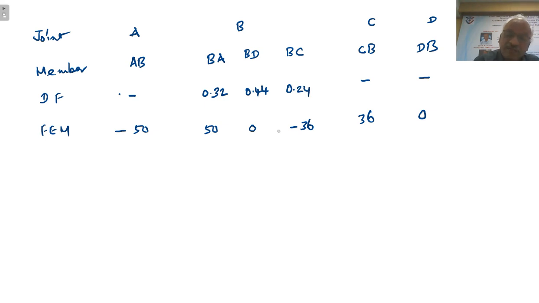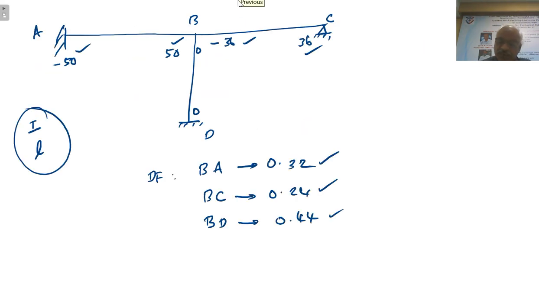So these are the values that we have assumed here, 0.32, 0.24, 0.44. These are the fixed end moments assumed for the given loading. We know how to calculate the fixed end moments and how to find the distribution factors. So we assume the values, and for this problem, how to tackle it.